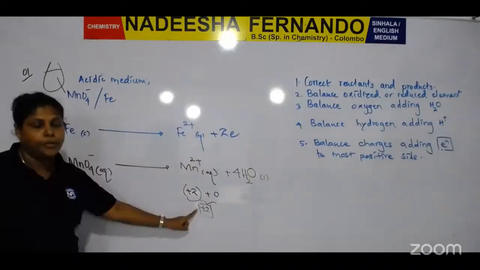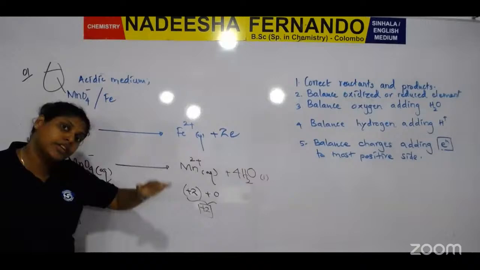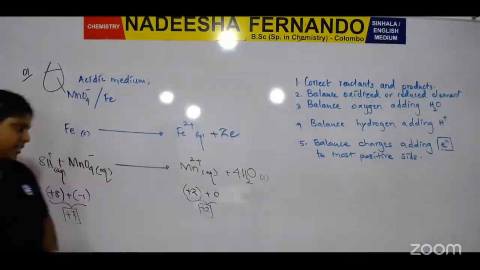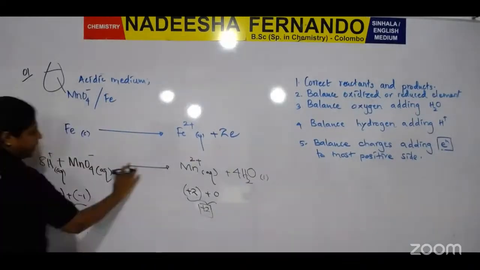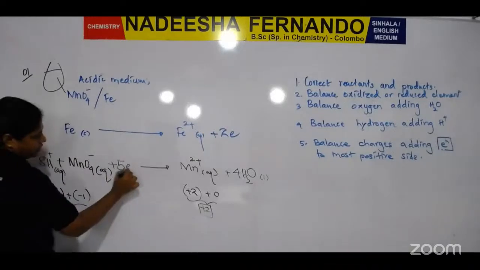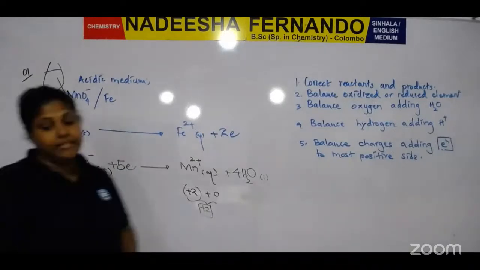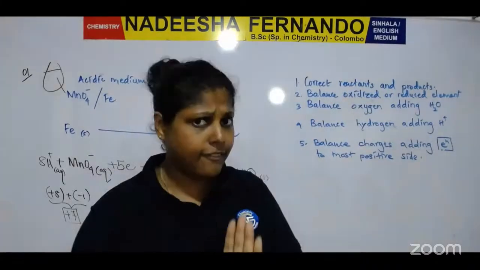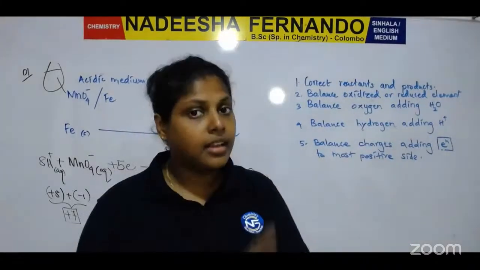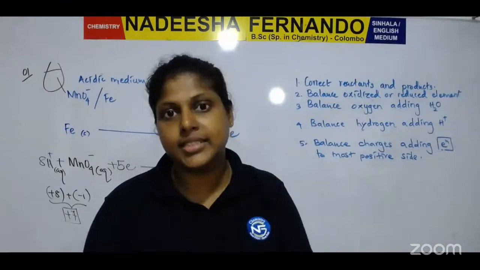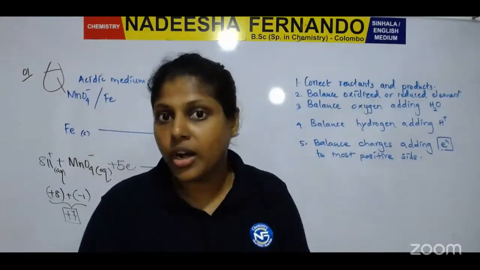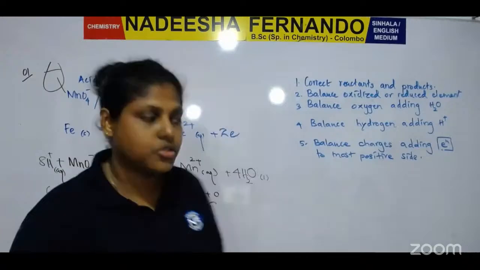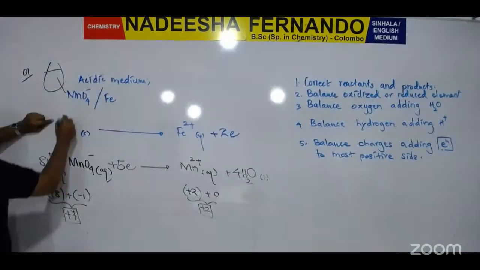To reduce +7 to +2, we need to add 5 electrons. So add 5 electrons. When a reaction has electrons on the reactant side or product side, such reactions we call half reactions. So this is the oxidation half reaction.